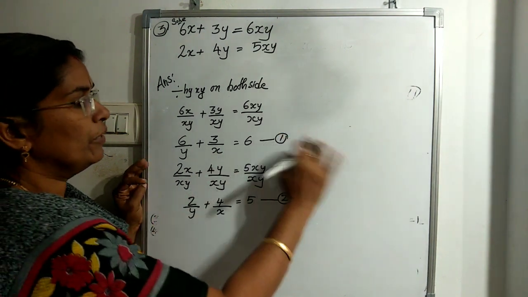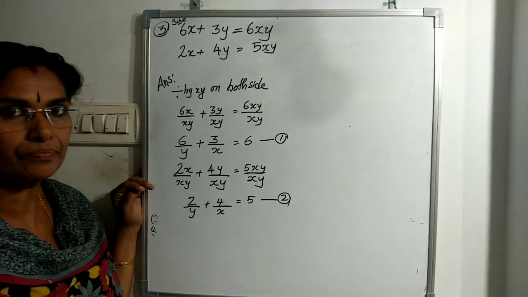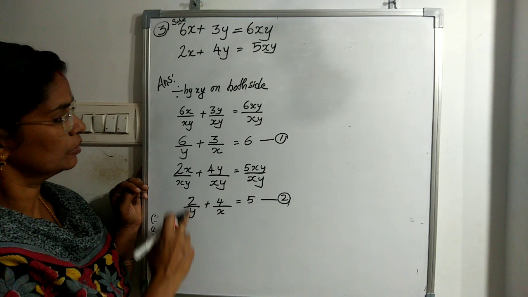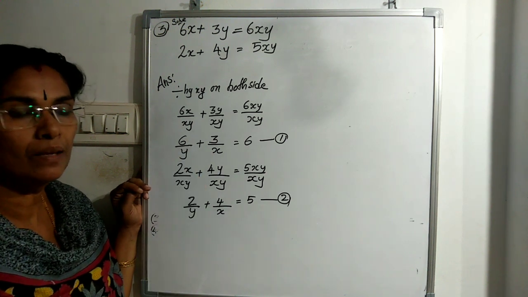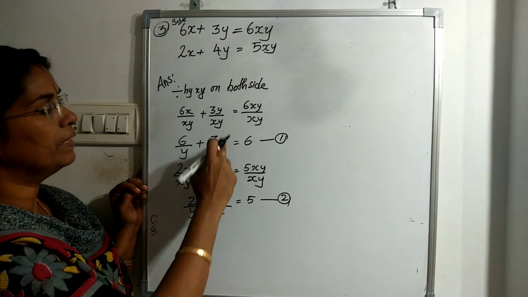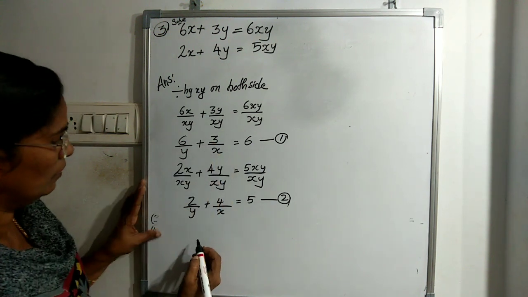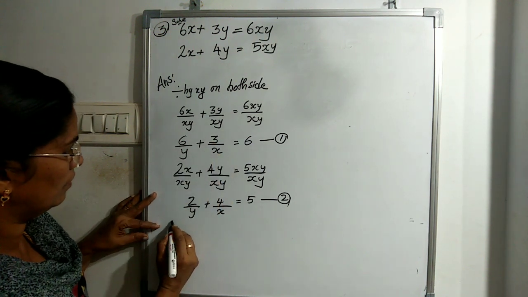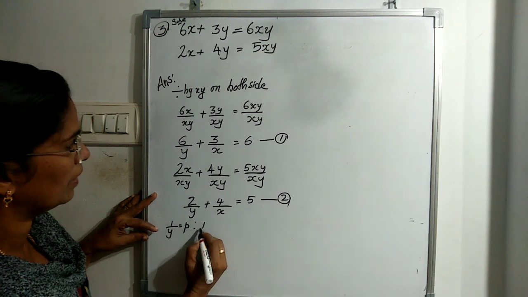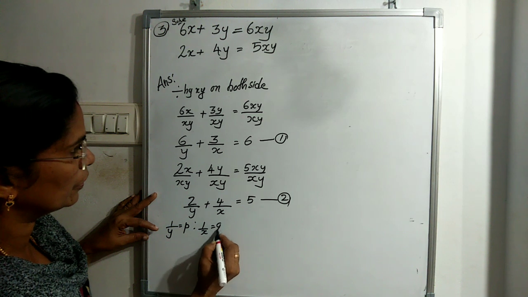Now we have to find a linear equation with another variable. So here also we can substitute 1 by y as p and 1 by x as q. Then we are substituting 1 by y as p and 1 by x is equal to q.